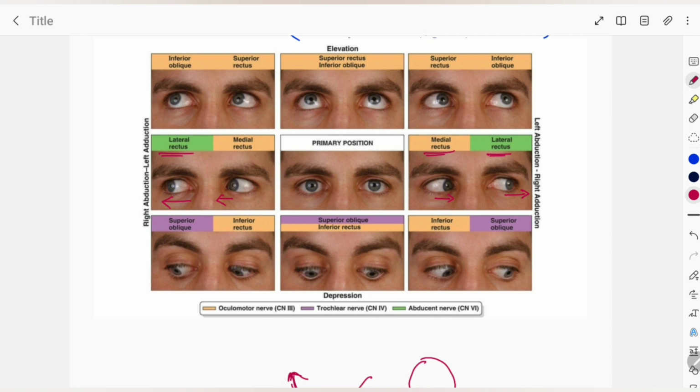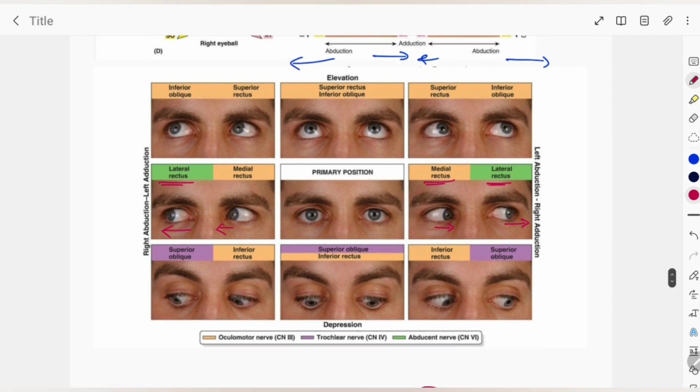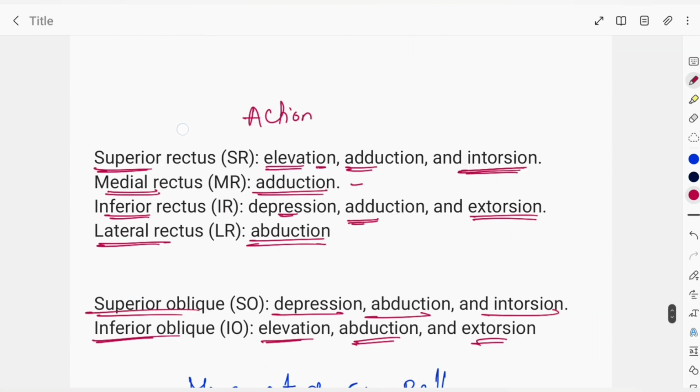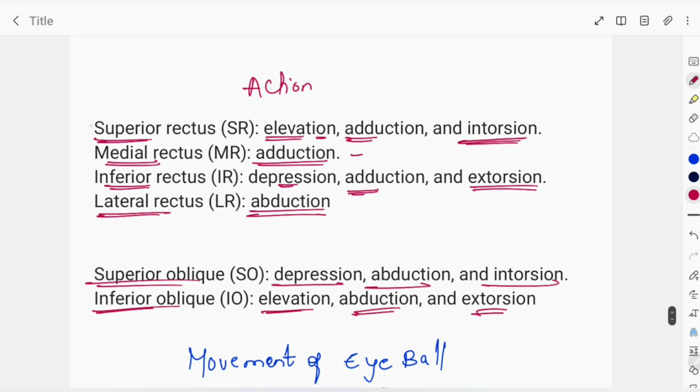Now if we talk about elevation and depression, we will be going towards action. Elevation means upward rotation, in all these three, this one, this one and this one. Now, what are the muscles which do elevation?